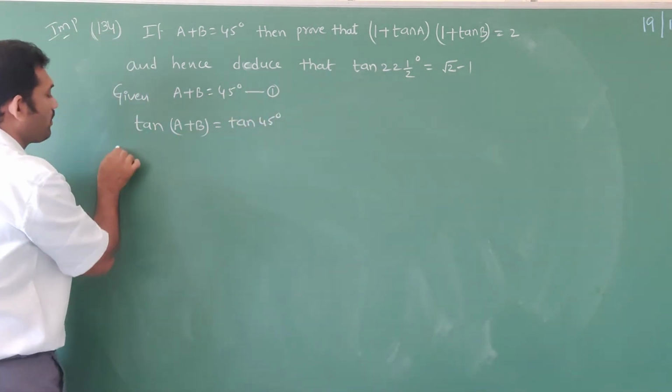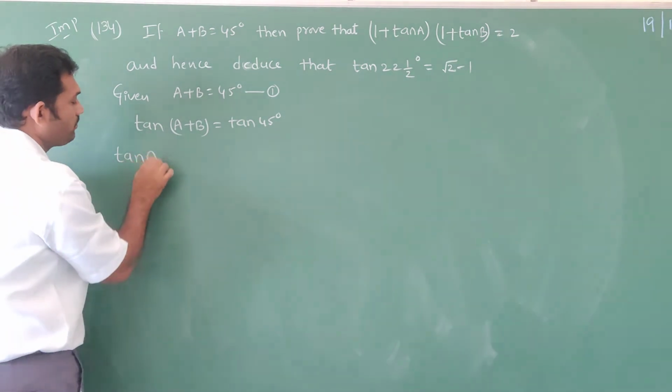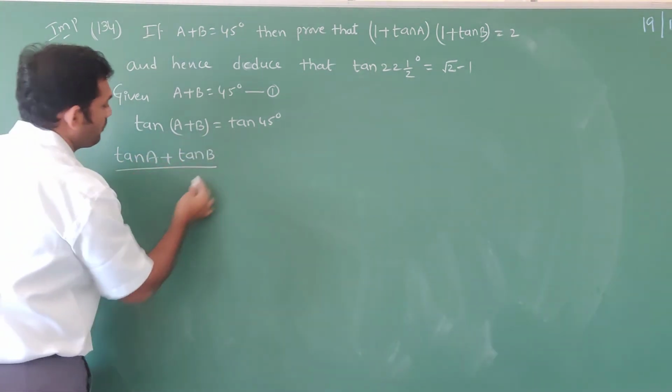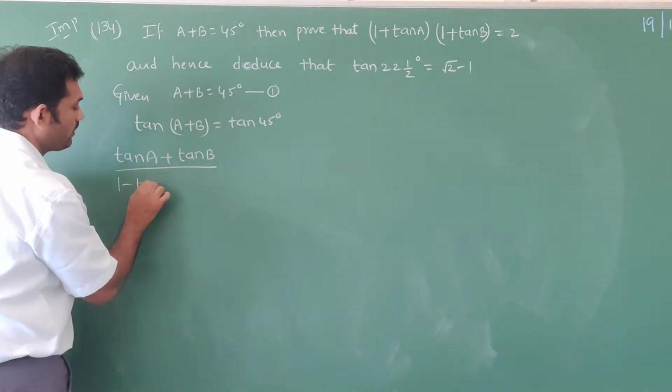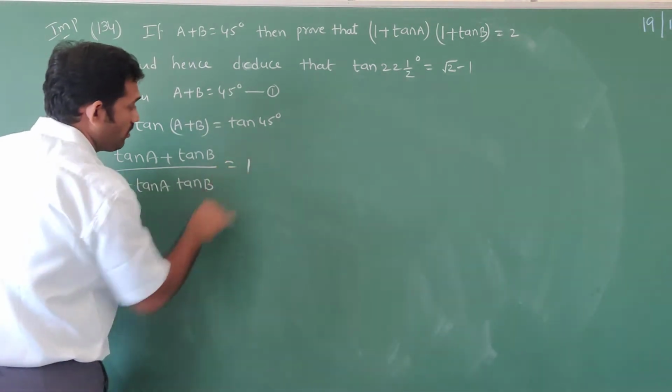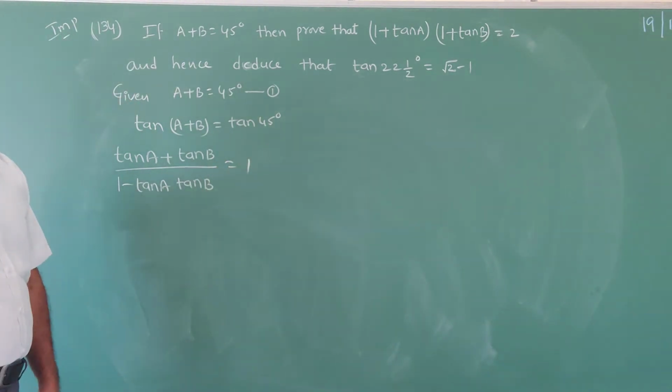So by the tan(A plus B) formula, tan A plus tan B divided by 1 minus tan A into tan B is equal to tan 45, value 1.